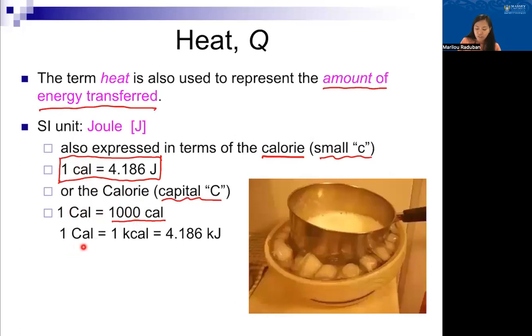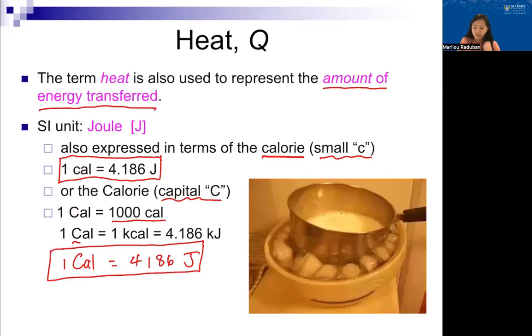And so if you're converting 1 calorie with a big C to joules, make sure to multiply with 1,000. So 1 calorie with a big C is 4.186 kilojoules, or that will be 4,186 joules for the conversion of 1 calorie with a big C to joules.